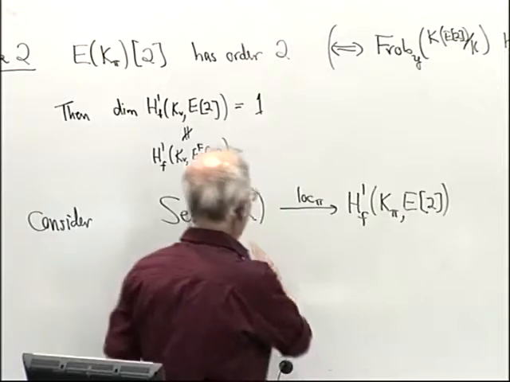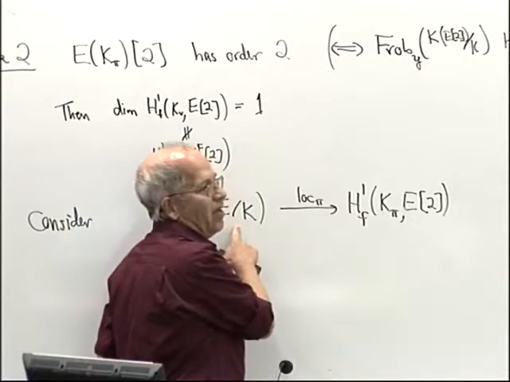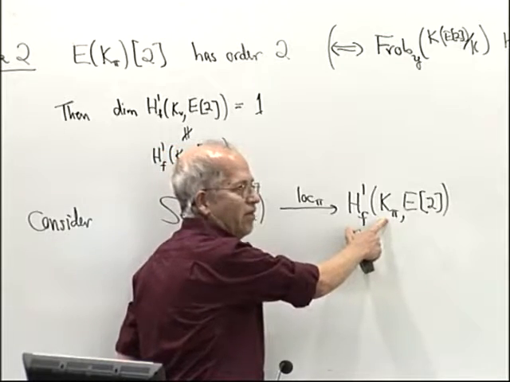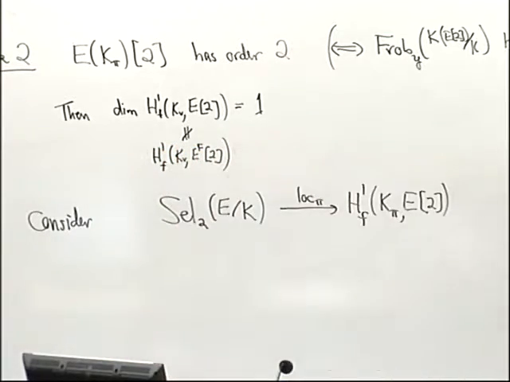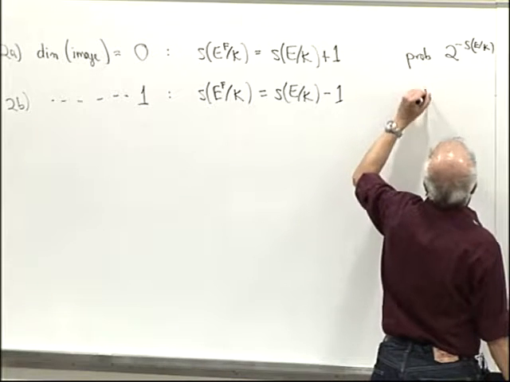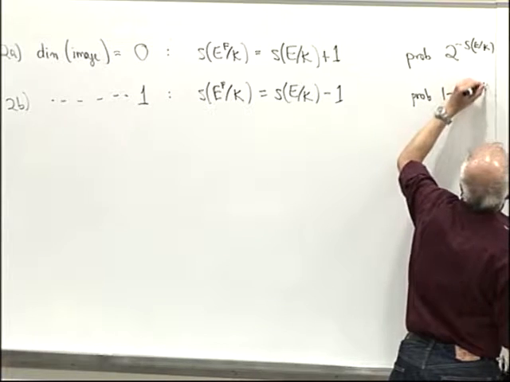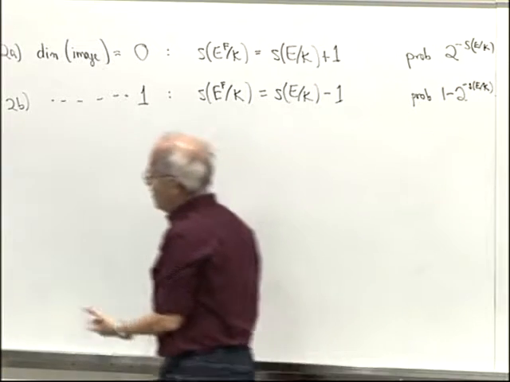What's the probability, if you just look at a random map, that you get 0? Well, each of the s generators has to go to 0 out of these 2 elements. So that gives you a 2 to the minus s. And the other case is 1 minus 2 to the minus s. So this we pretty well understand.